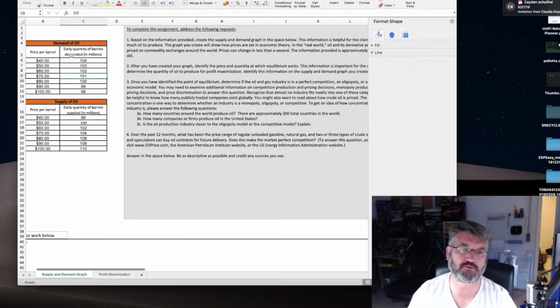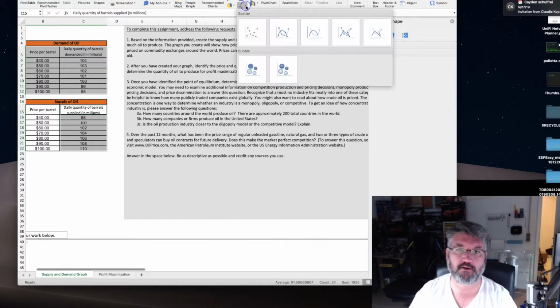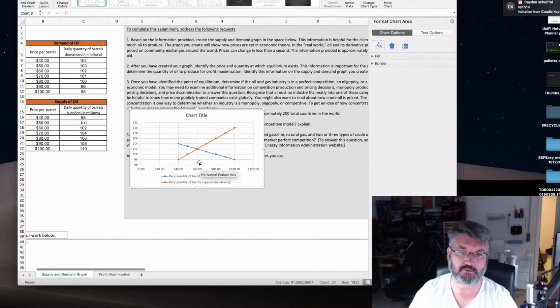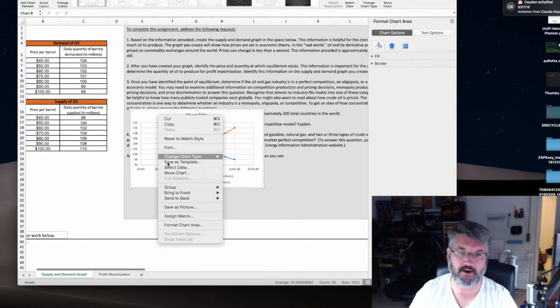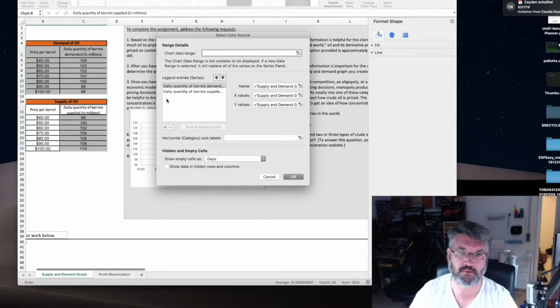What we need to do is first create a chart of some sort. I'm going to go back and select the items that I had before, then go to Insert, Scatter with Lines. That produces the graph. We then right click on the graph, go to Select Data, and delete both of these.